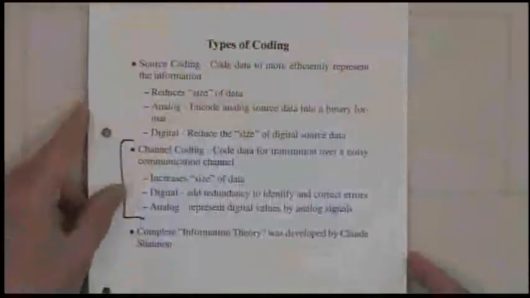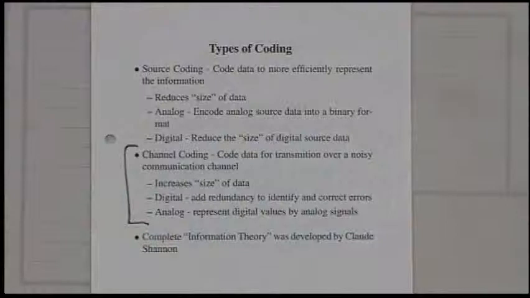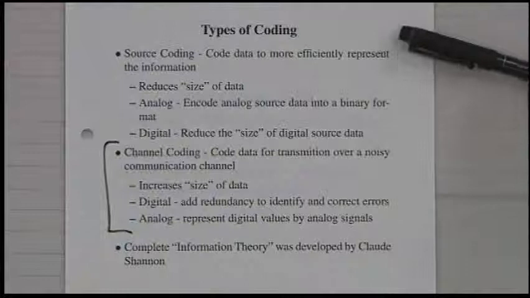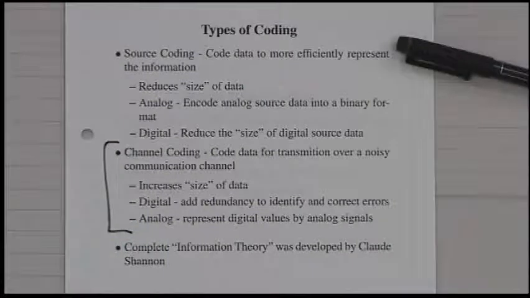So we're going to talk about coding. So I guess I'll go to the slides. There are really two kinds of coding. Coding comes out of the field of information theory, which was a research area created by Claude Shannon.